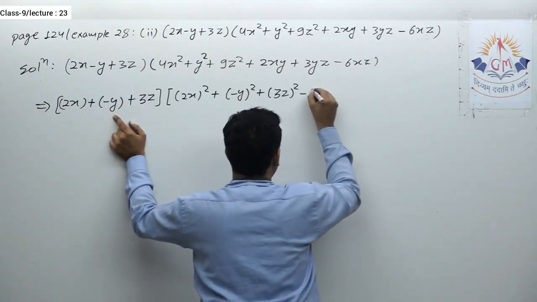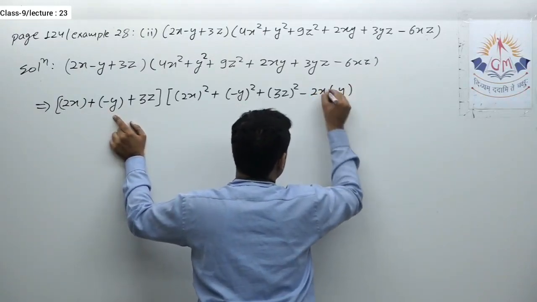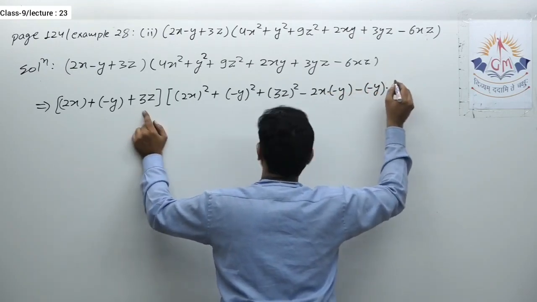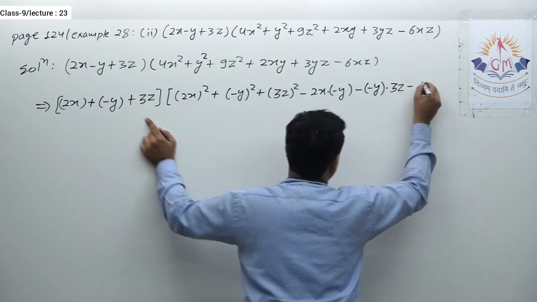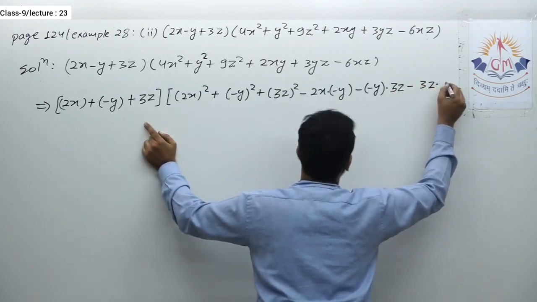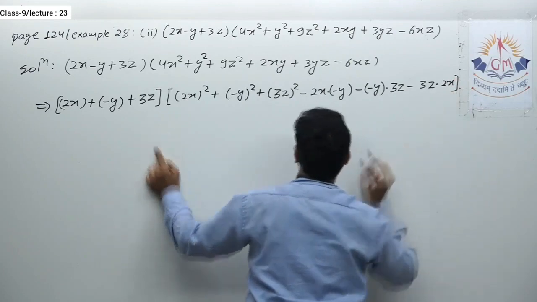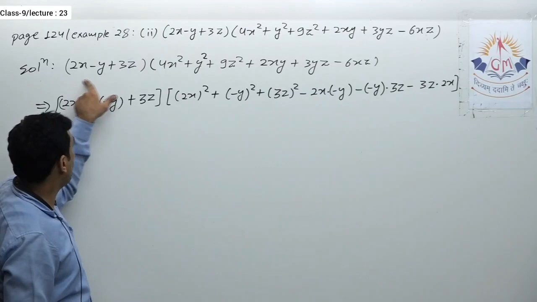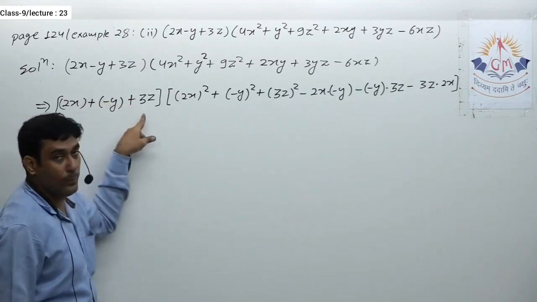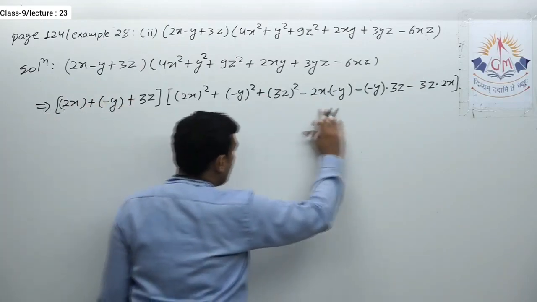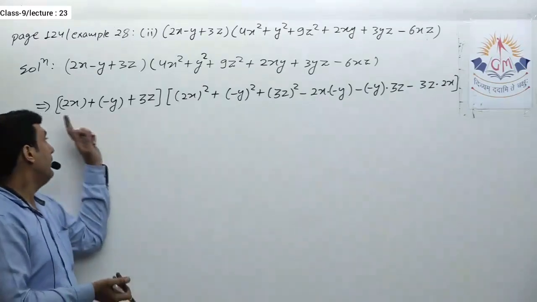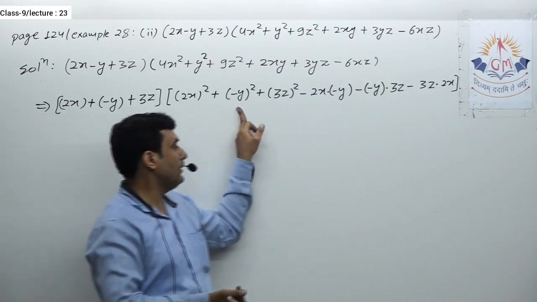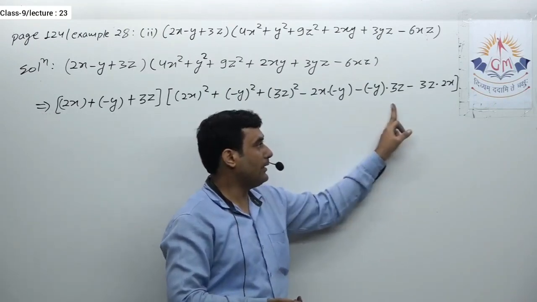So minus a into b, then minus b into c, that is 3z, then minus c into a, that is 2x. Okay, so again I am explaining this: I wrote a plus b plus c by looking over here, and these 6 terms I wrote on my own by taking this as a, this as b and this as c. So I wrote a square plus b square plus c square minus ab minus bc minus ca.